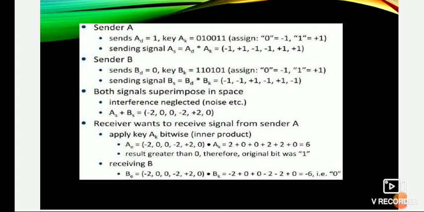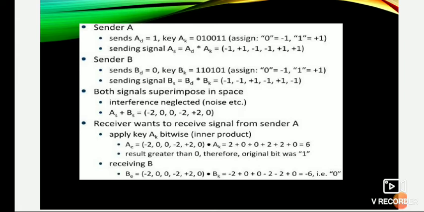Applying AK bitwise, that is the inner product, AE is equal to minus 2 0 0 minus 2 plus 2 0 into AK. AK is the value we obtained earlier.